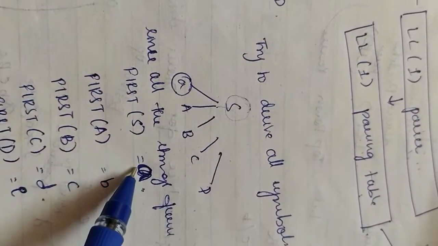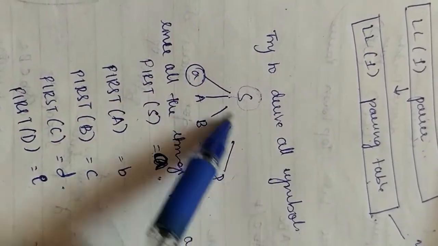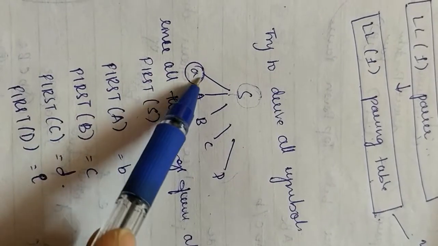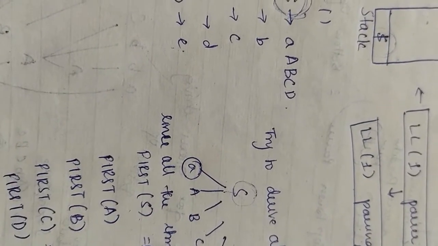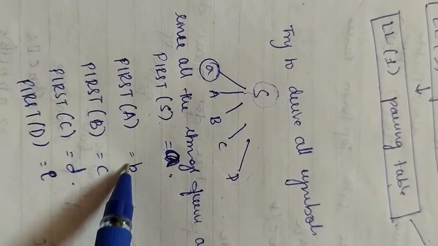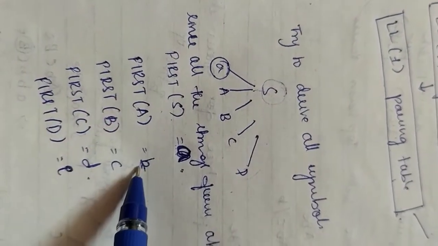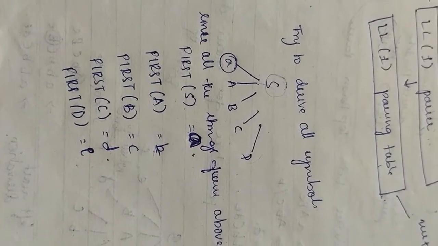So the first of S is A. The first of S is A because when we derive any input, it will always start with the first value as A. Hence the first of S is A. Similarly, when we derive all the possible strings starting with A, it will always start with B. So the first of A is always B, and first of B is C. And first of C is D, and first of D is E. I hope you have understood how to find the first of any production.